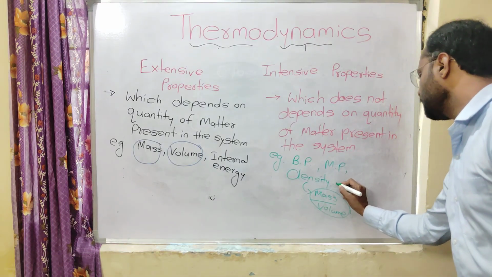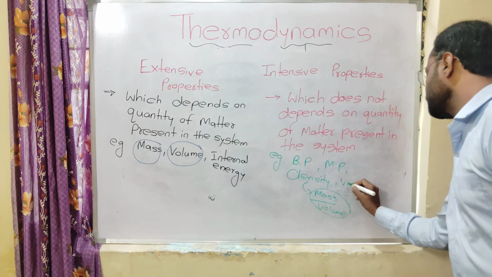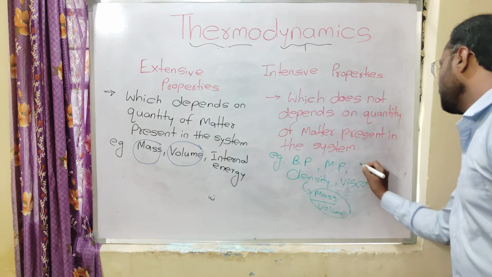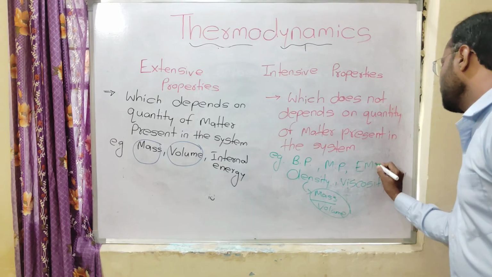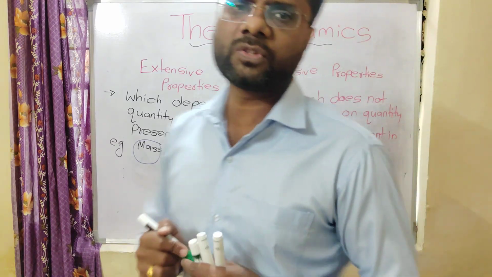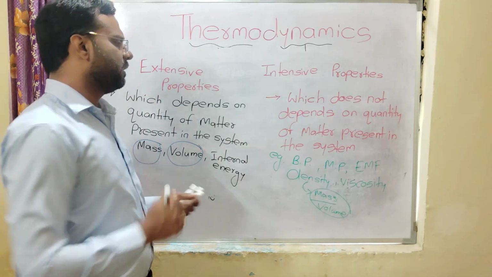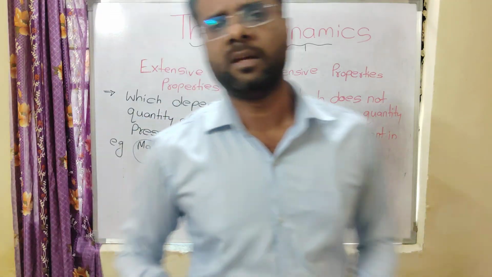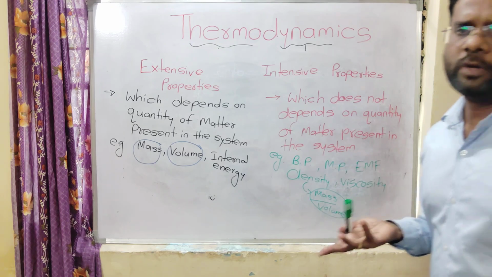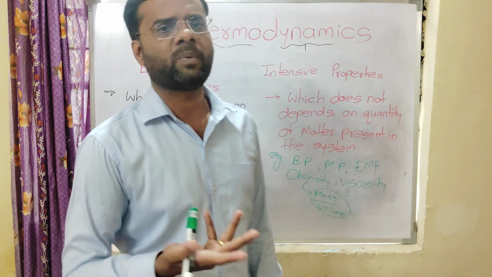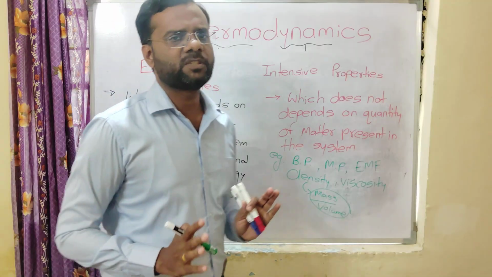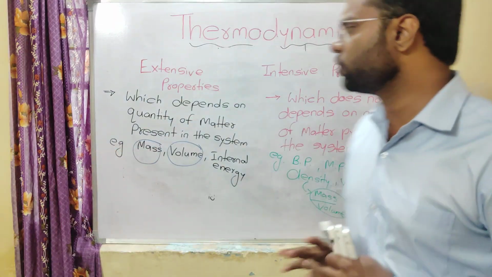Okay, so viscosity, EMF, and there are also a lot of other examples. All concentration terms we can take, like molality. Concentration terms are also ratios of mole per unit volume or mole per unit weight of solvent in kg. So the ratio of two extensive properties is always an intensive property.